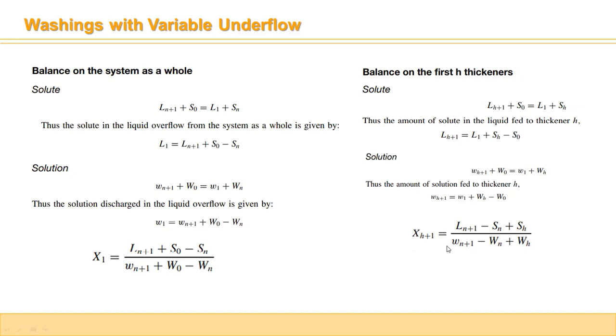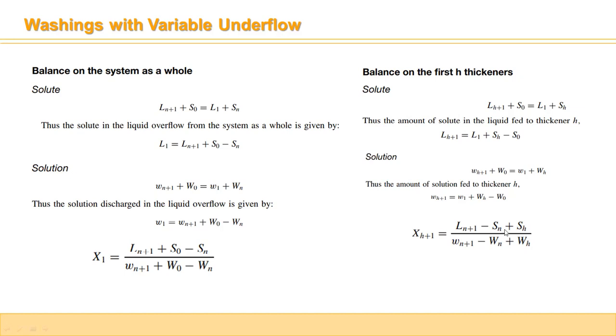In that case, that would be the thickener after thickener n, because when you speak of n plus 1, then that must be referring to the next thickener after thickener n. So this is the manner of determining concentration. So both of these have solute as the numerator and solution as the denominator.